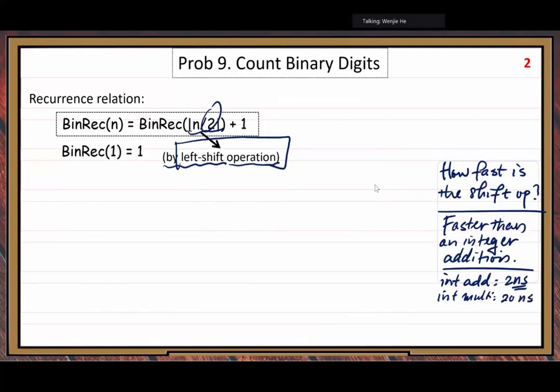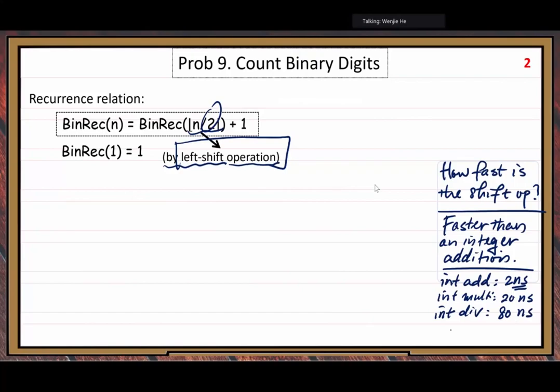Then integer division, 40 times addition, so that's 80 nanoseconds. That's how slow it is.